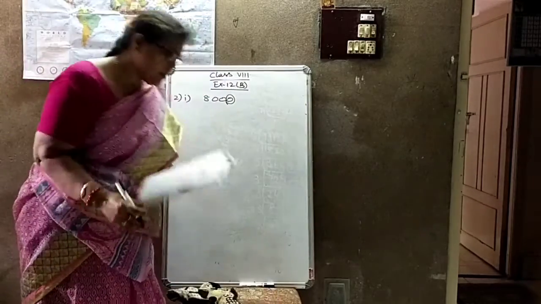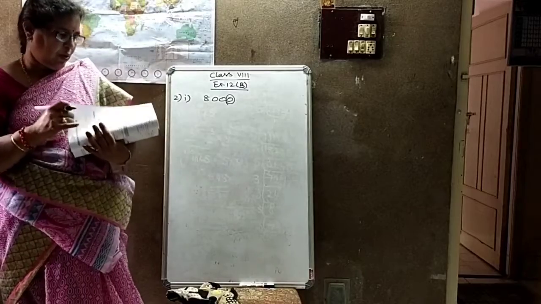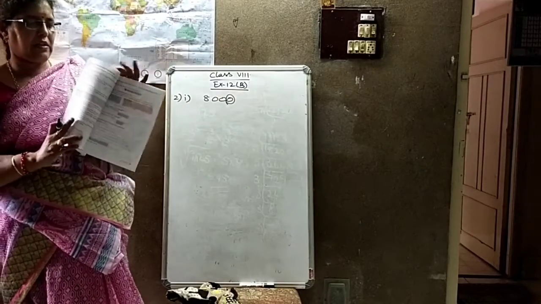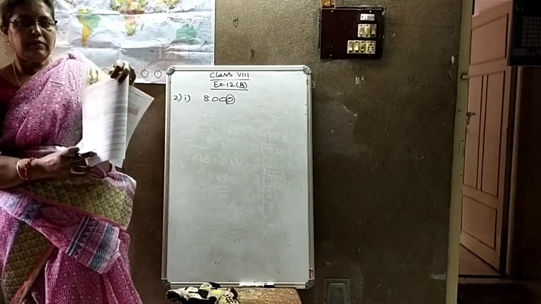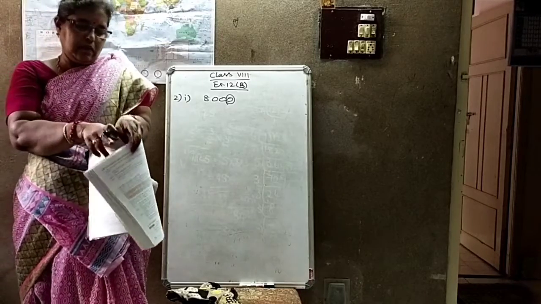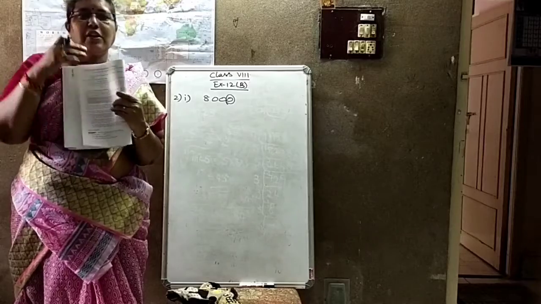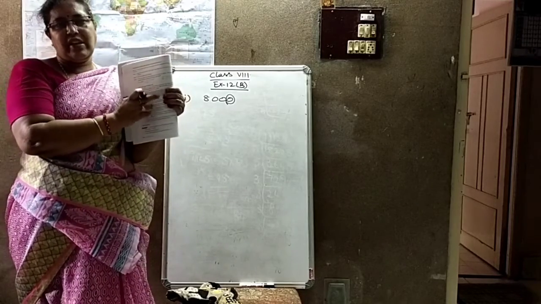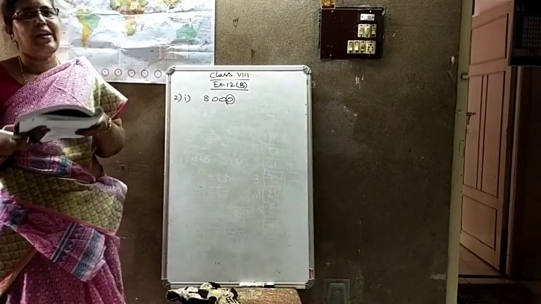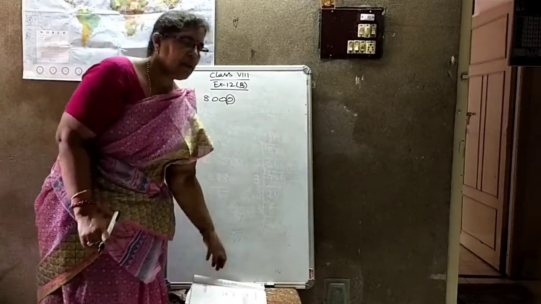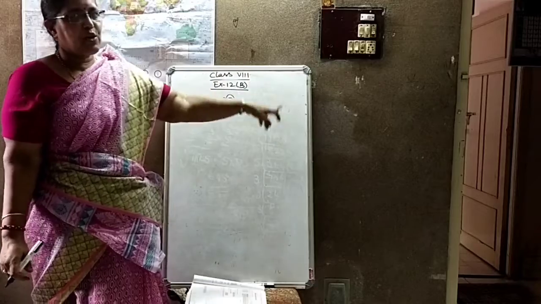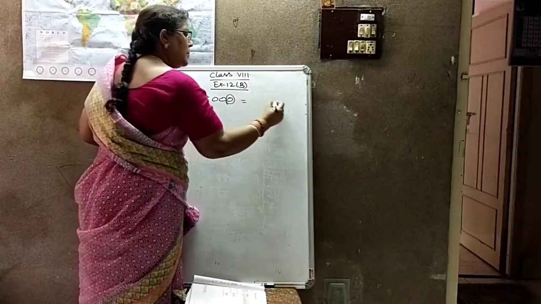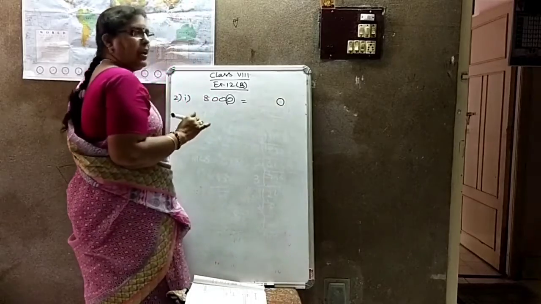In your textbook, they gave one table on page number 158, Table C. For each units digit, the cube root's units digit is given here. I already gave you the idea in the previous exercise. If 0 is there, its cube root also contains 0. I am writing 0.